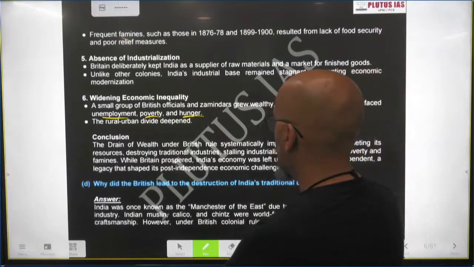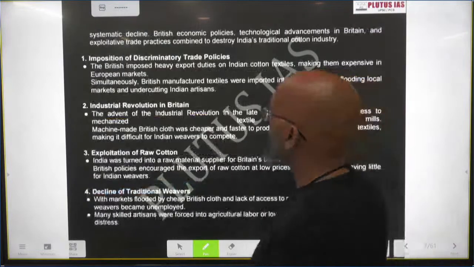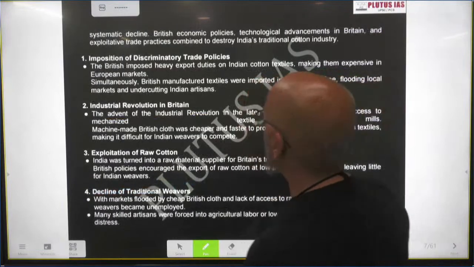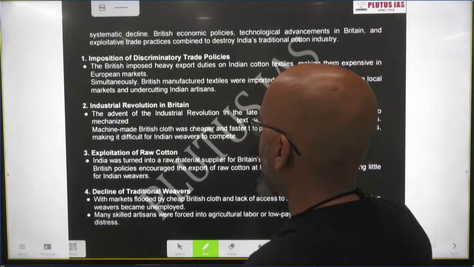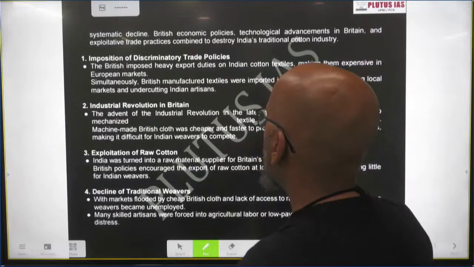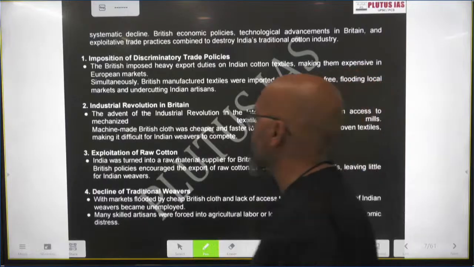However, under British colonial rule, this flourishing industry suffered a systematic decline. British economic policies, technological advancement in Britain, and exploitative trade practices combined to destroy India's traditional cotton industry.